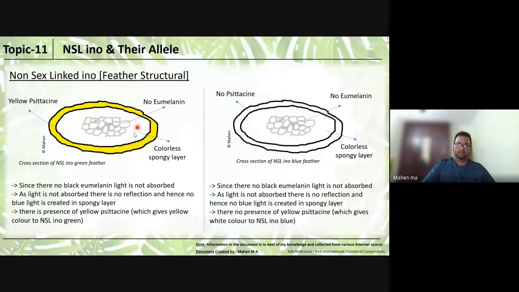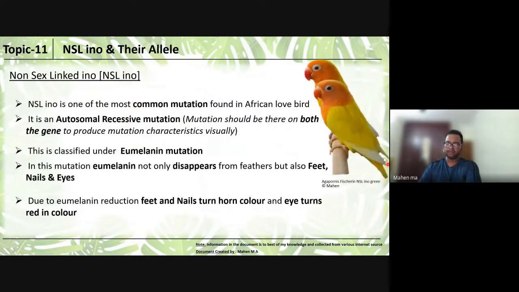Now since the blue color is not available, we have only the yellow psittacins available in the outer circle. So this results in all the green feathers turning into yellow feathers. If you see the NSL Lino bird, in a green fischer you have some kind of dark patch here, and you have green color on the body as well.